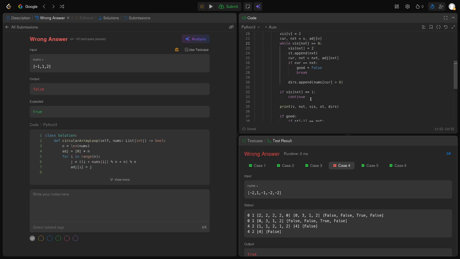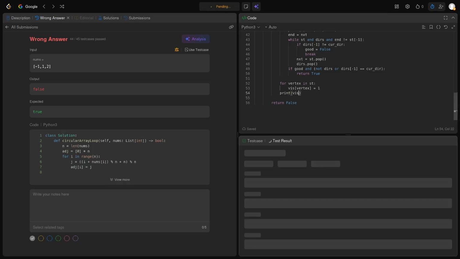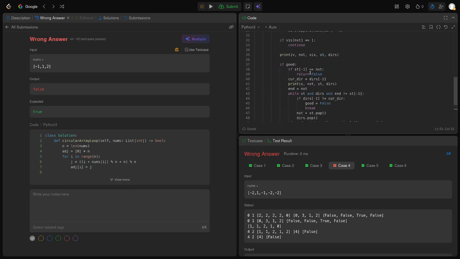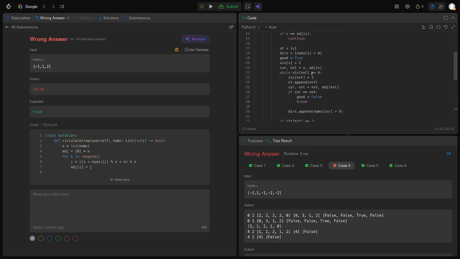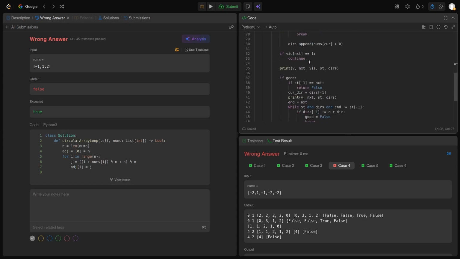We subtract 2, so we visit all those, and then when we start at 4, that's weird.